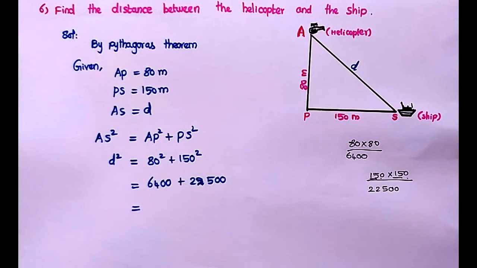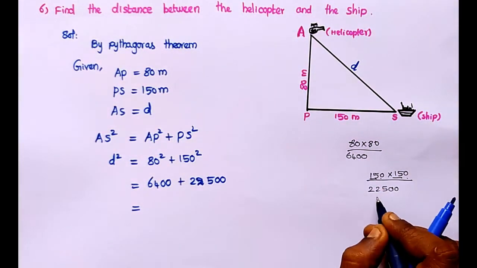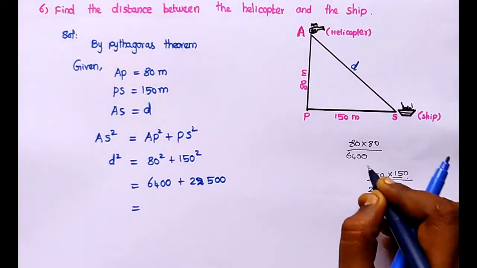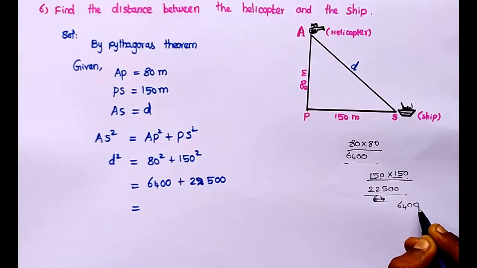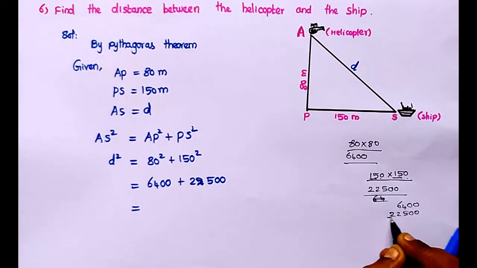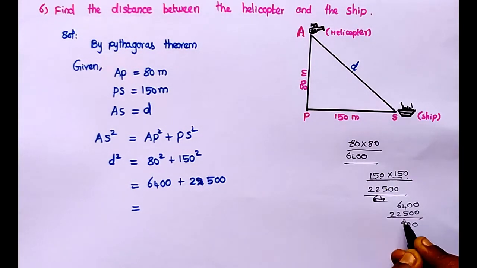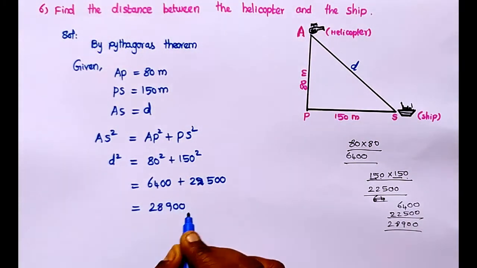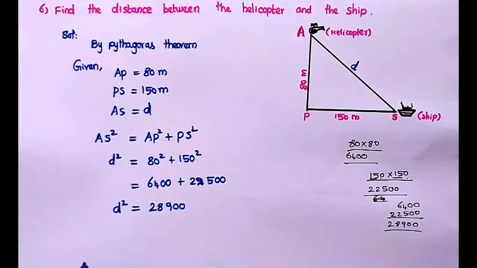Now add this one, 6,400 plus 22,500 means we get 28,900, that is D squared.